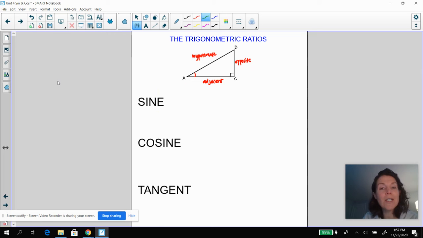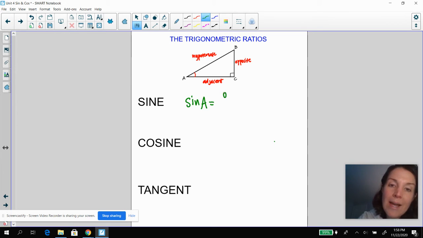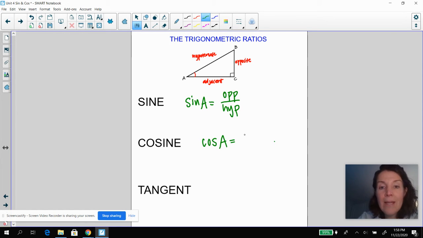So there are three trigonometric ratios. And the first one I told you about is actually the sine ratio. So the sine of an angle is equal to the side opposite over the hypotenuse. The cosine, or COS, of an angle, and in this case I'm calling it angle A, is going to be the adjacent side over the hypotenuse.